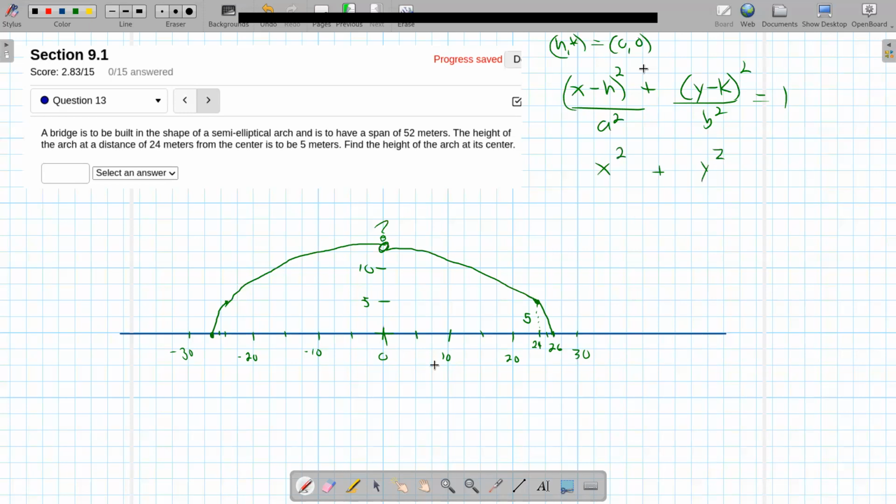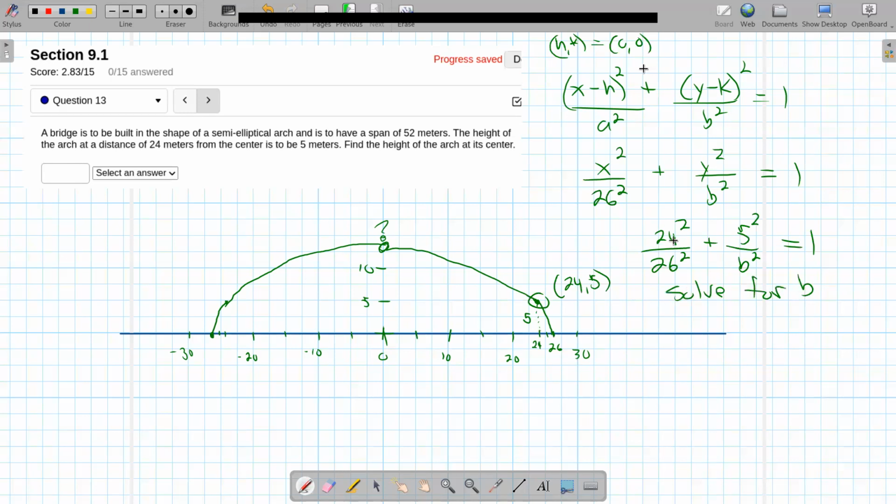Now we don't know b here, so we're just going to label that b squared, but we do know that a is 26. We do know that we have that point right there, 24, 5, and so we can just plug that in and solve for b. So we have 24 squared over 26 squared plus 5 squared over b squared has to be 1. We just need to solve for b.